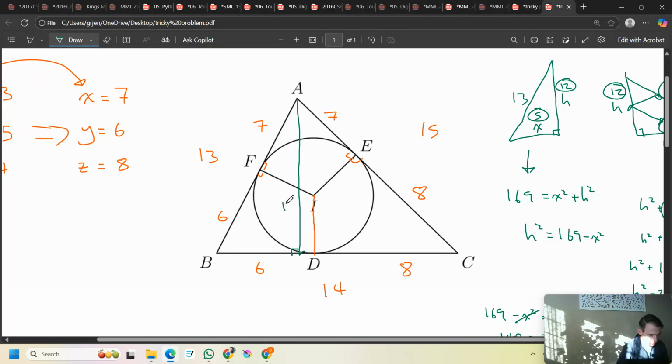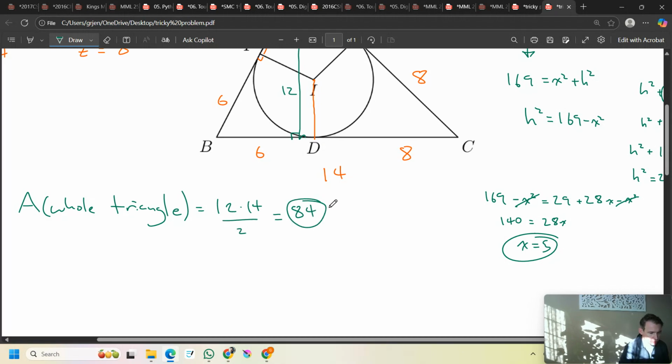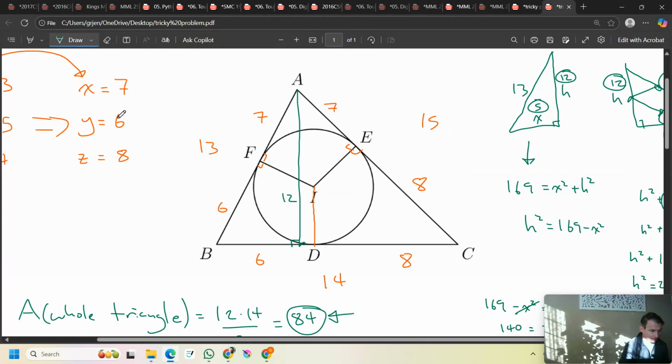So now the area of the whole triangle is equal to 12 times 14 divided by 2, which is equal to 84. Heron's formula would give you that, and then there's another trick with Heron's formula to find the radius of the incircle. But I want to show you another way to get that.